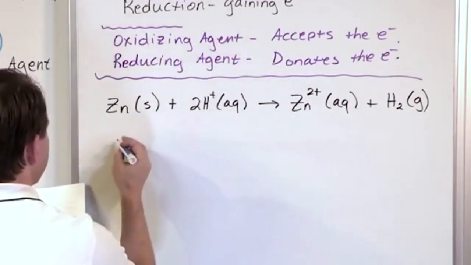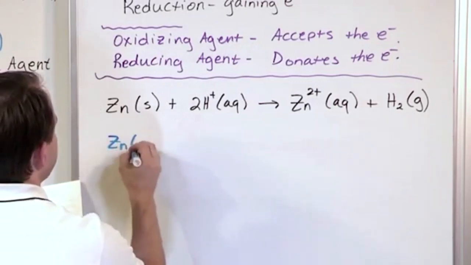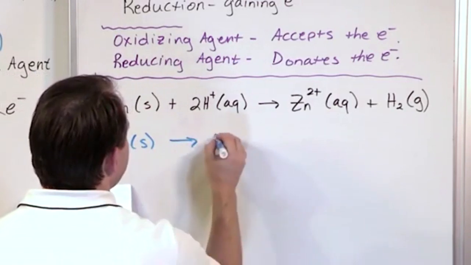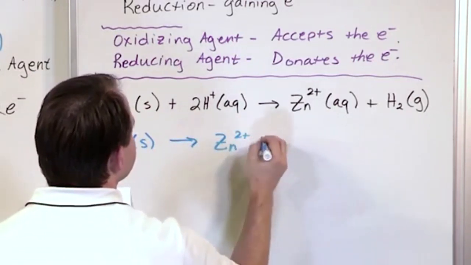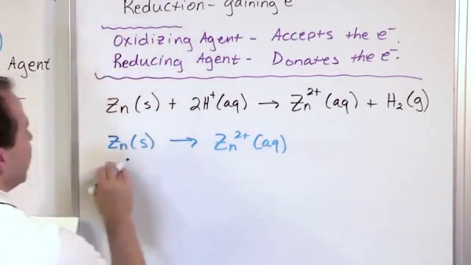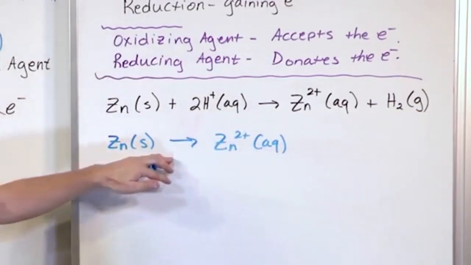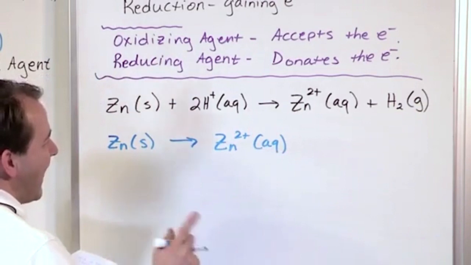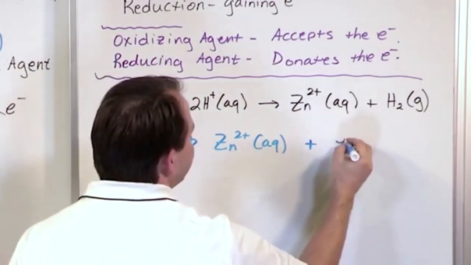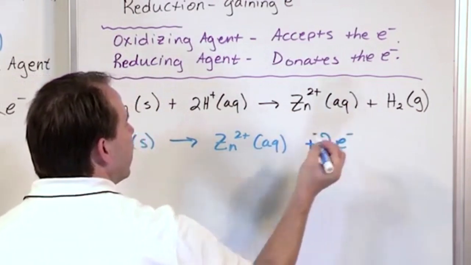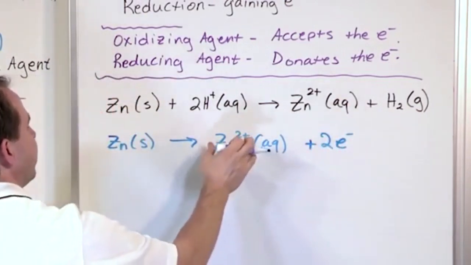So we're going to say zinc, and on the other side of the equal sign, we're going to have zinc 2 plus aqueous solution. Now look at this and say, okay, this changes into this. How can that happen? This is a neutral atom, and then it becomes positive. So it has to liberate electrons in order to do that. How many electrons do you think it needs to liberate? Well, it needs to liberate 2 of them because I have a charge of positive 2.